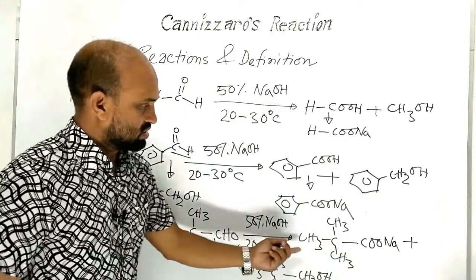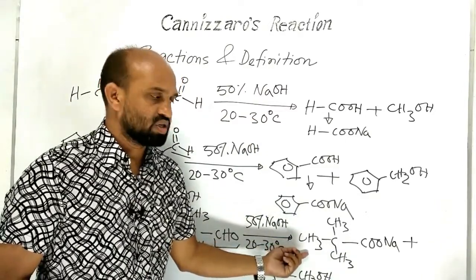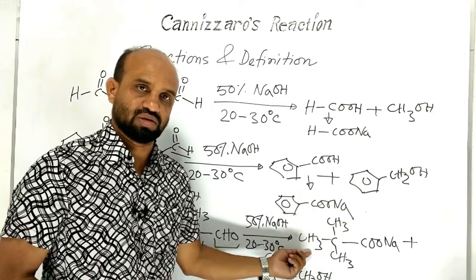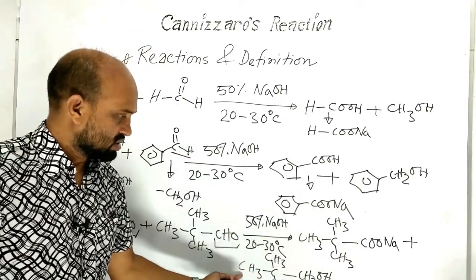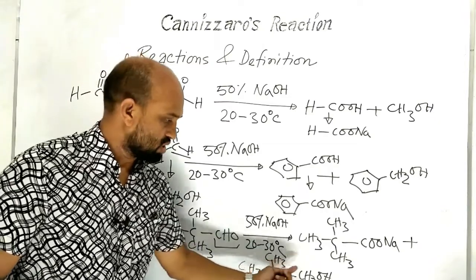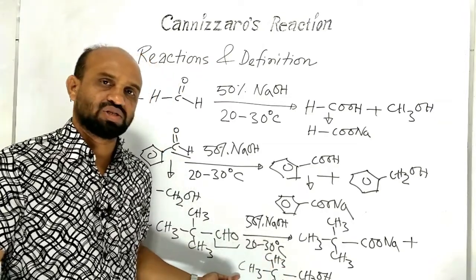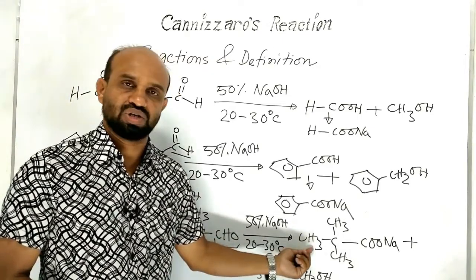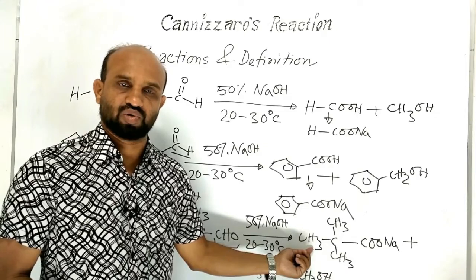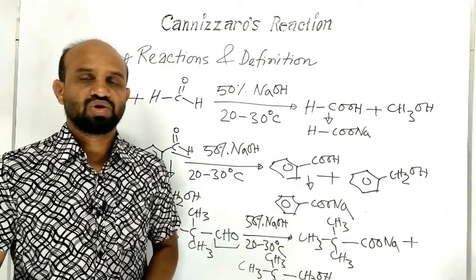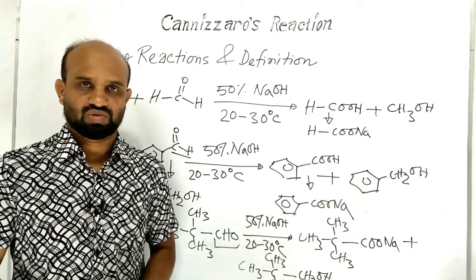That is, this is sodium 2,2-dimethyl propanoate and this is 2,2-dimethyl propanol, 1, 2, 3. So this is 2,2-dimethyl propanol and this is sodium 2,2-dimethyl propanoate. These are the reactions of aldehydes with no alpha hydrogen atom.